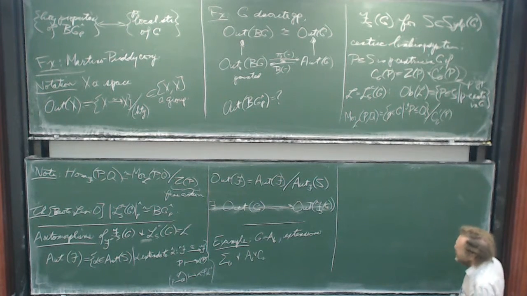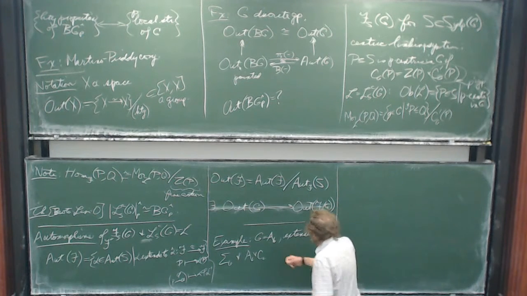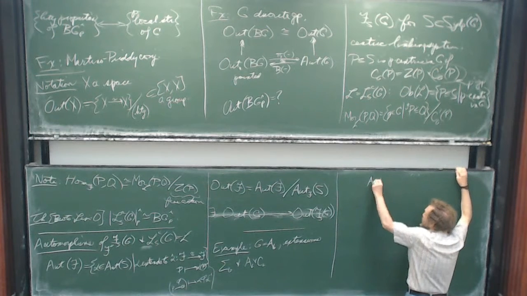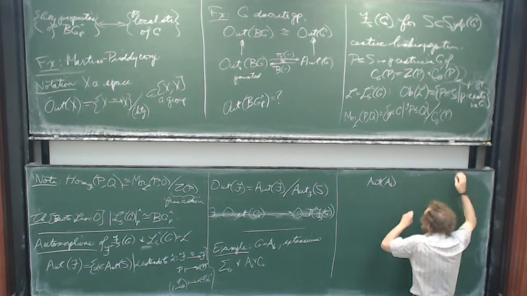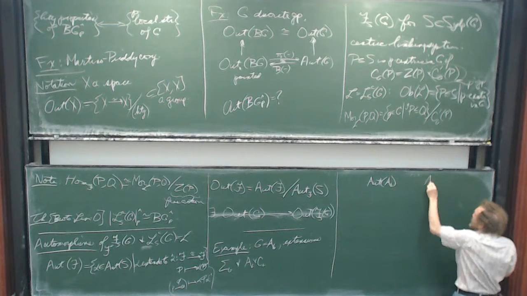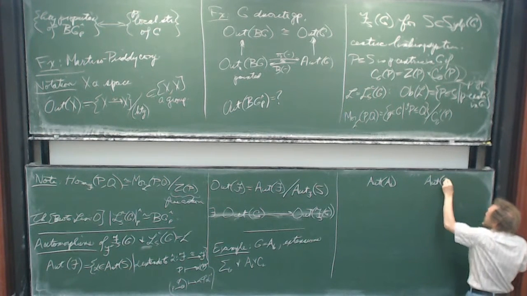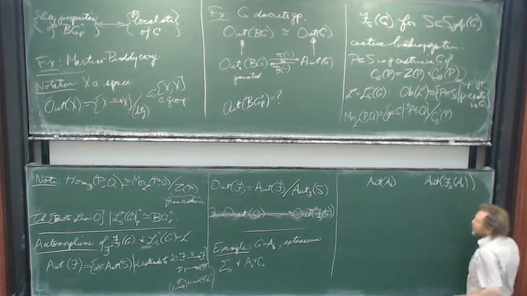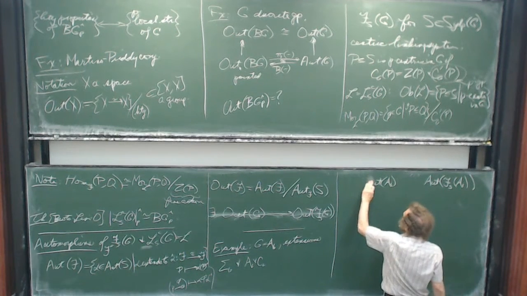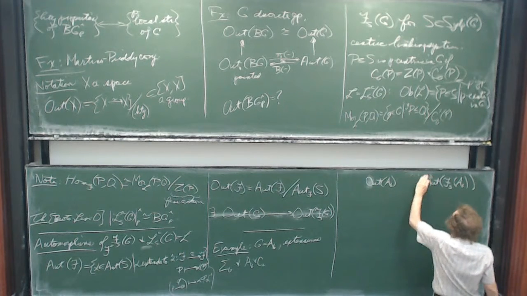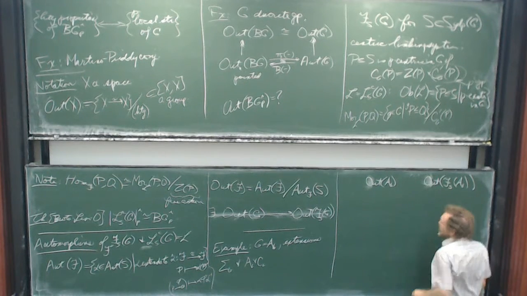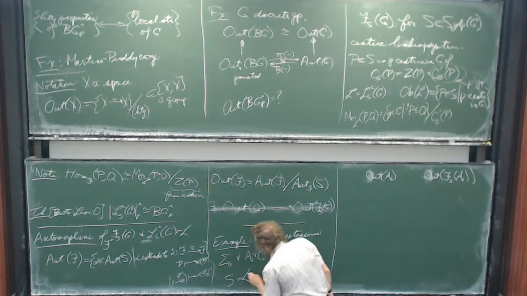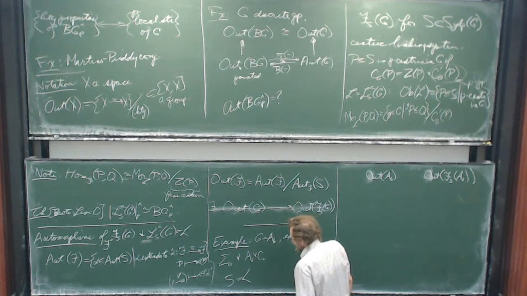And the way to see that is, well, you've got A6, and now Out of the fusion system F_S of A6, where let me take S to be the subgroup.